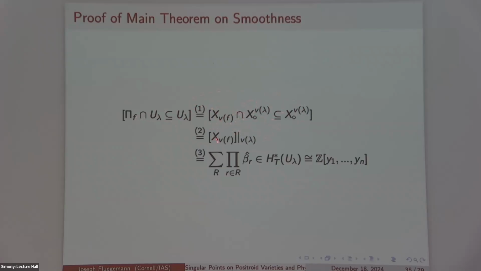Okay, this is equal to this because this Schubert variety is contractible to a point, specifically the point v sub lambda, and then the last equality follows from the AGS Billey formula, and this is the formula that corresponds to the pipe dreams, the affine pipe dreams.